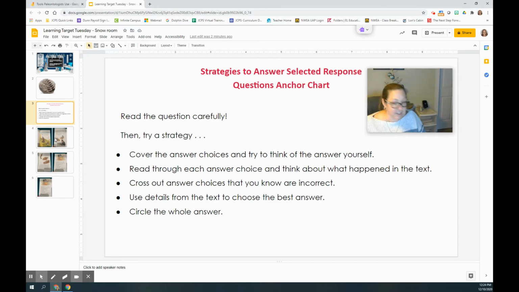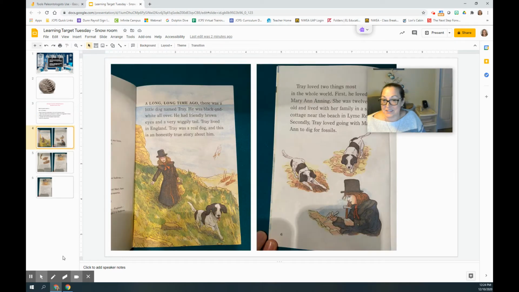The Dog That Dug for Dinosaurs. A long time ago, there was a little dog named Trey. He was black and white all over. He had friendly brown eyes and a very wiggly tail. Trey lived in England. Trey was a real dog, and this is an honestly true story about him.